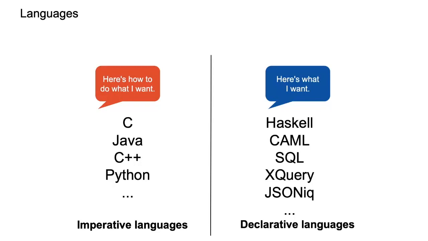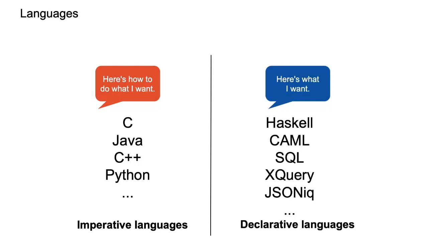So this is it. In fact, it doesn't mean that there are no imperative languages in a database management system. It's just that it's only the people who implement the database management system who write in C++ and Java. The people who develop PostgreSQL probably use an imperative language like C++ or Java.